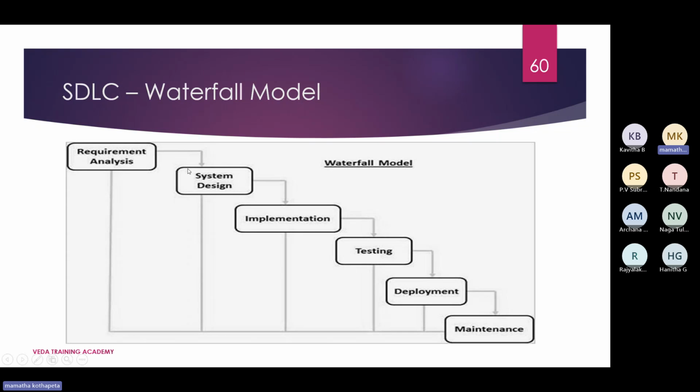The top arrow is pointing to system design, then it is pointing to implementation, and so on. So waterfall model is a linear sequential model. Once the requirement phase is completed, then only it will move to the system design phase. Then only it will move to implementation, and so on. That is one important point of the waterfall model. Now, what happens?